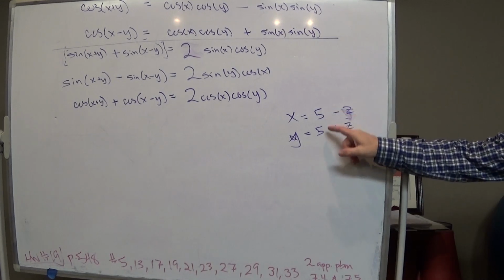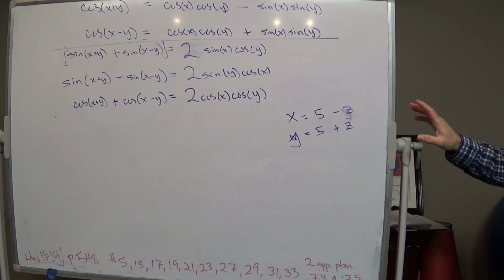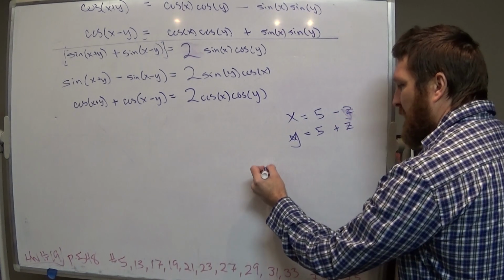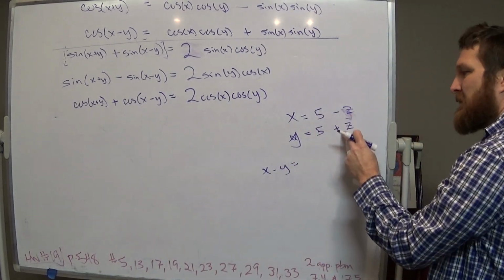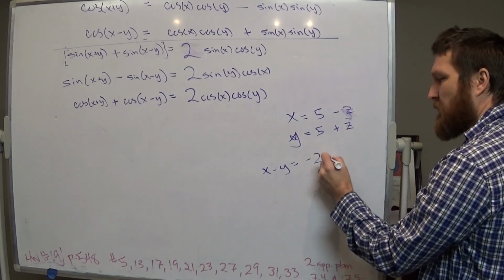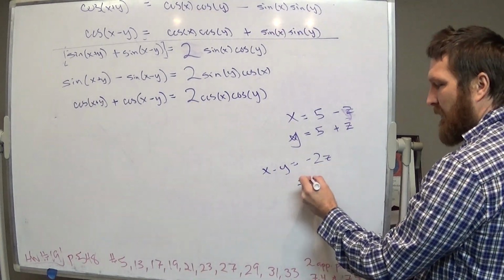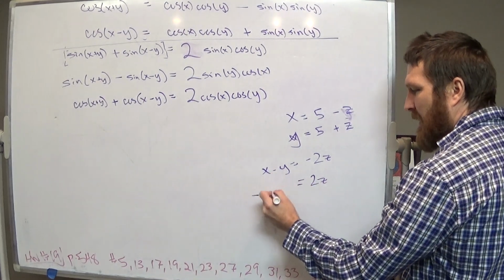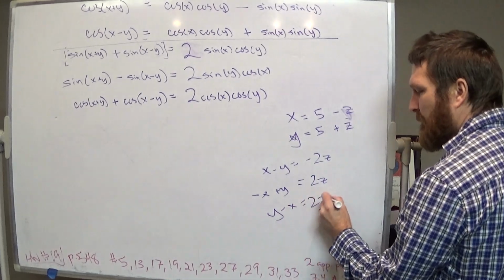If I do that, x minus y will get rid of the 5's. But then I'd have a minus z minus a z for a minus 2z. And then you could multiply everybody through by a negative, so that's a minus x plus y. Or in other words, y minus x equals 2z.